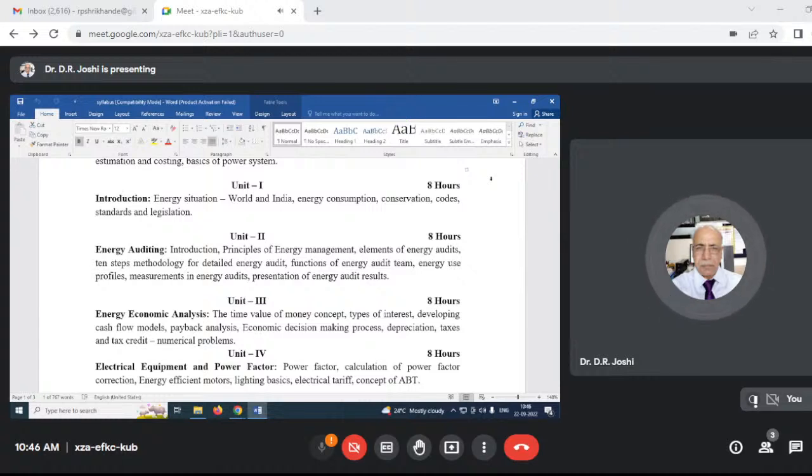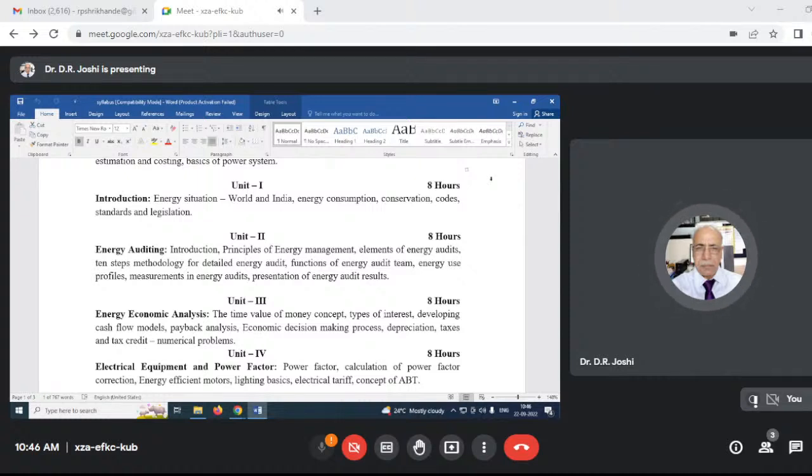And after having done that, we will come out with the conservation methods, where all the energy can be conserved, so that the production cost of the company will be least, so that we can have more profit and survive very well in the industry.